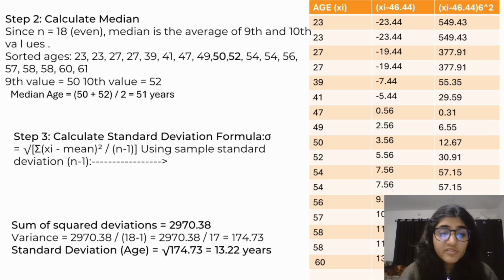So we get the sum of squared deviations equal to 2970.38, and variance is the sum of squared deviations upon n minus 1, that is 18 minus 1, which is 17. So we get 174.73, and the standard deviation of age, if we calculate using the formula given above, is 13.22 years.